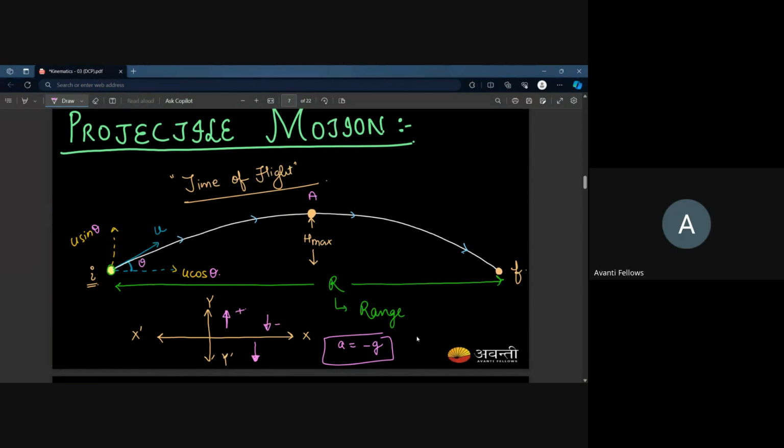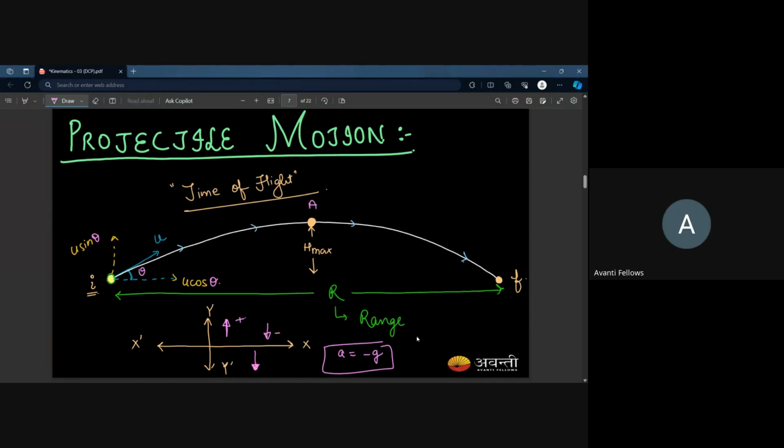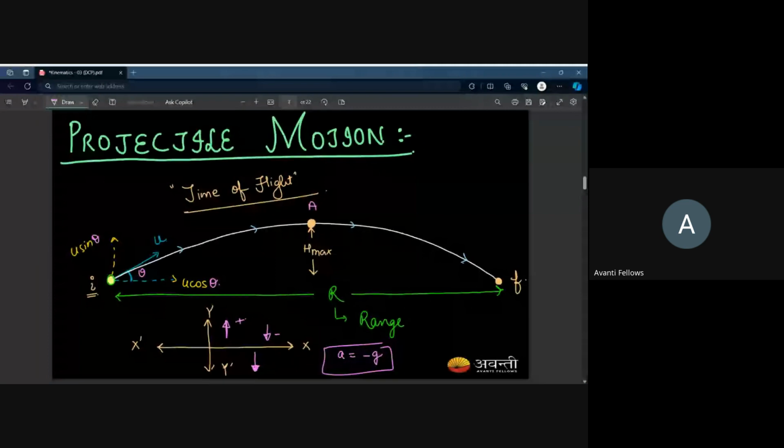Okay, so I'm going to give you 5 minutes to solve this problem. I gave you the initial velocity, which is u. I gave you the angle of projection, that is theta. I gave you h max and range, I mean, R for range, h max for maximum height, and everything.